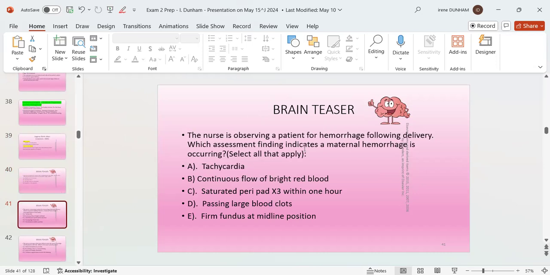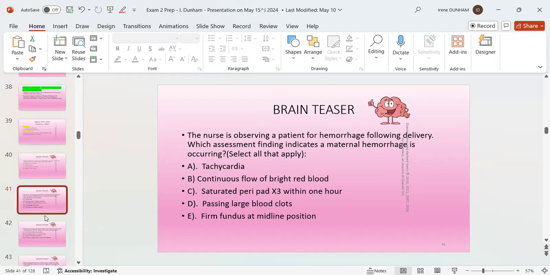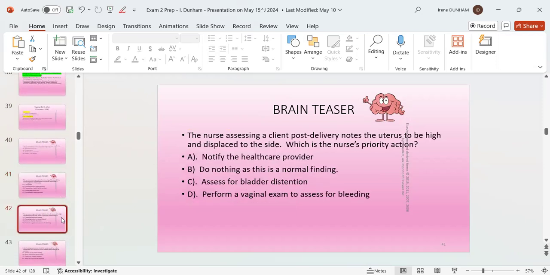Which assessment finding indicates a maternal hemorrhage is occurring? And this is a select all that apply. A, B, C, and D. Absolutely. Right. Okay, good. All righty.